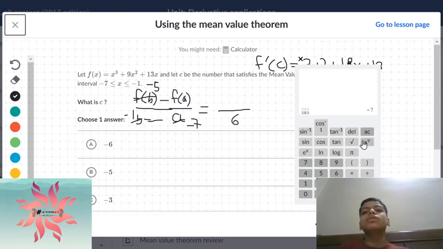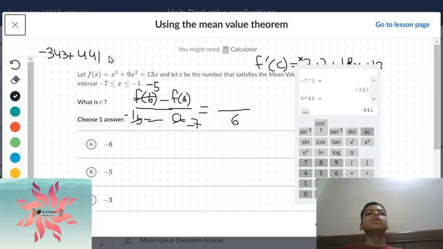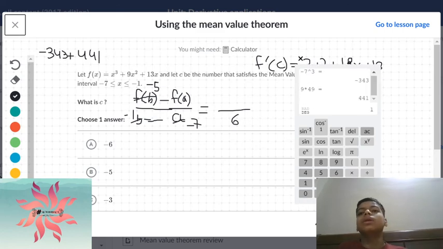Negative 7 cubed is equal to negative 343. Negative 343 plus, what is 9 times negative 7 squared? 9 times 49 is 441. And what is 13 times negative 7?